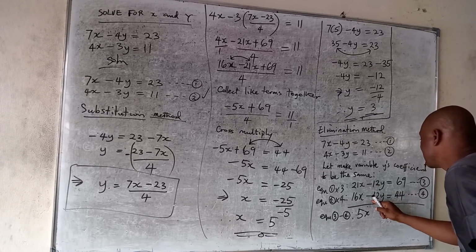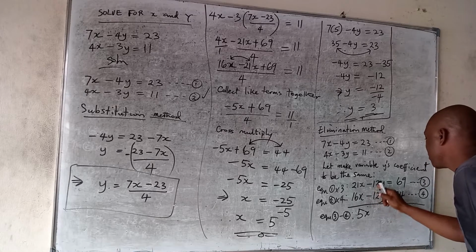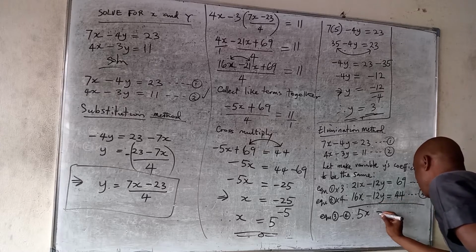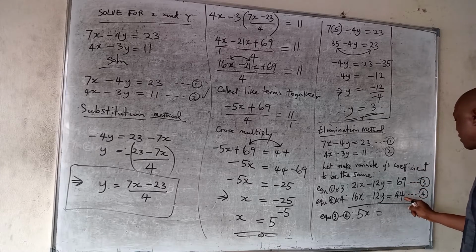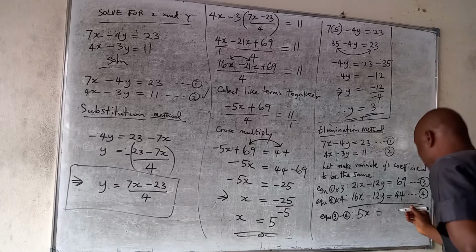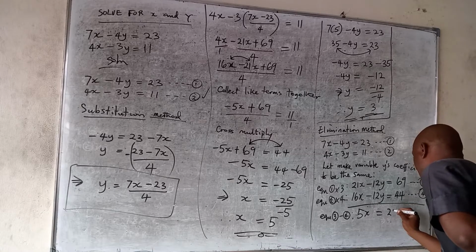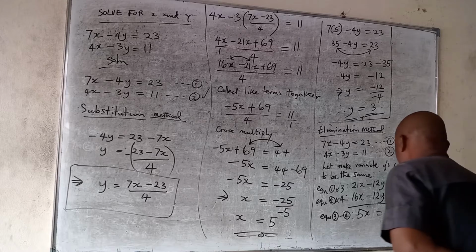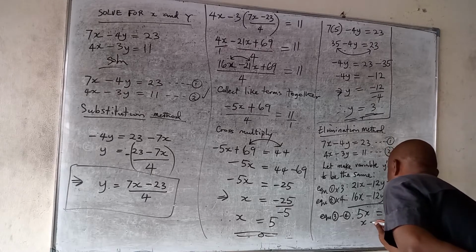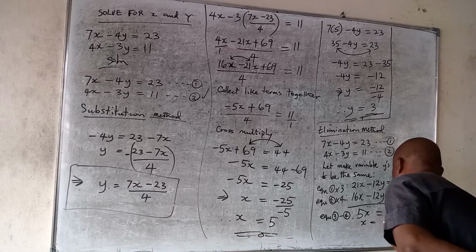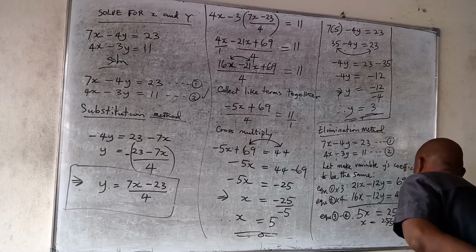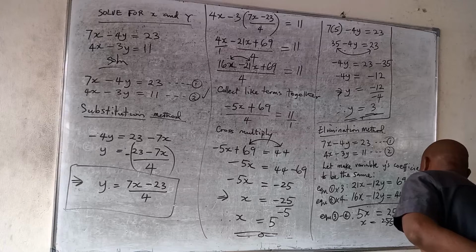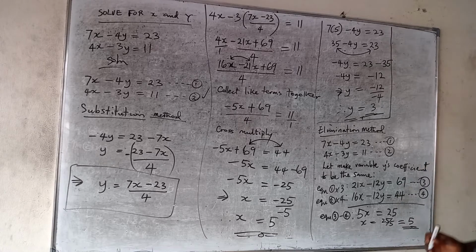This minus this will now be plus, it will be 0. So 0 being equal to this minus this will give you 25, making x the same as 25 over 5, which is 5. So this is our x.